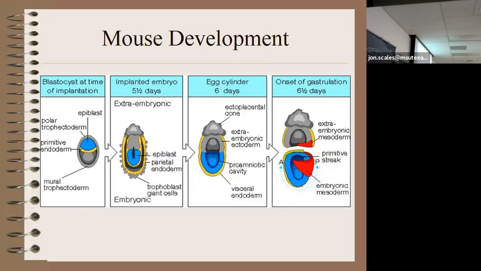You've got cells here, and you've got cells here, and there's a layer between them, but there's not a space between them yet, okay? And so cells from here move into that in between, and as they start to move in there, they move out on either side.